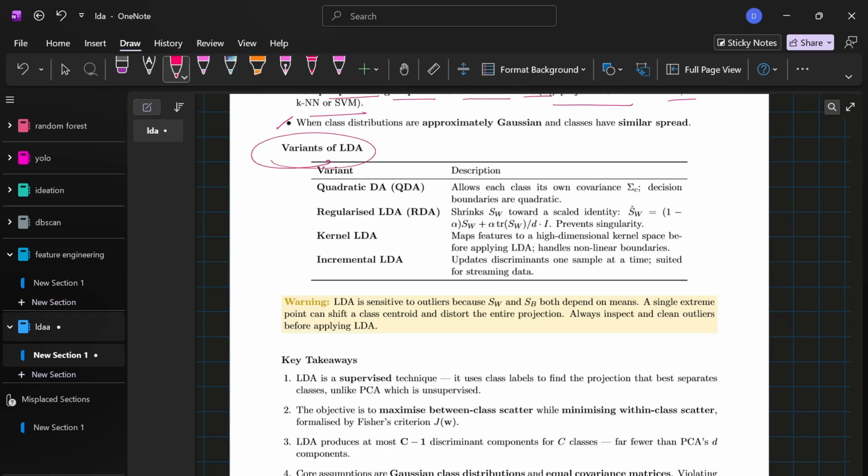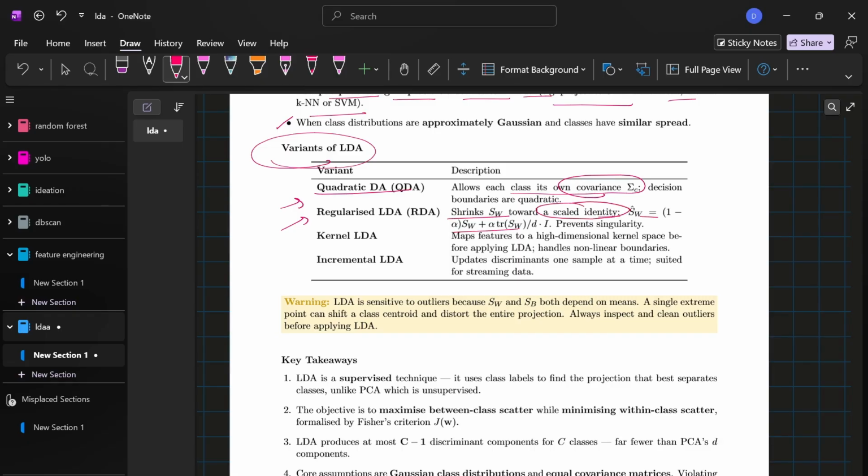There are a few important variants worth knowing. Quadratic discriminant analysis relaxes the equal covariance assumption and gives each class its own covariance matrix, which creates curved quadratic decision boundaries instead of straight lines. Regularized LDA handles the singular SW problem by nudging it slightly towards a scaled identity matrix.